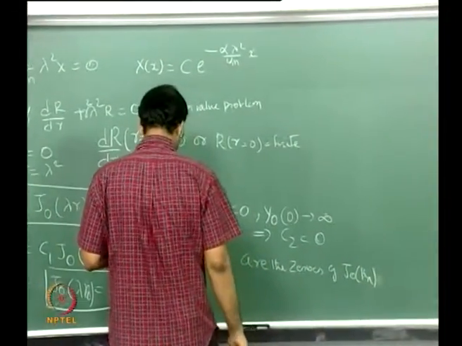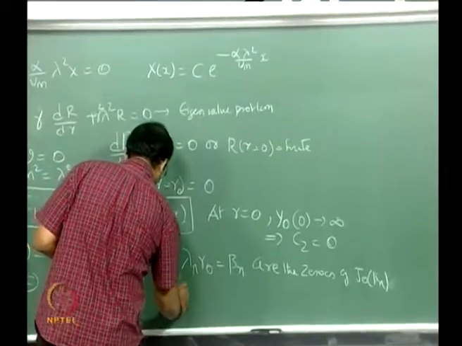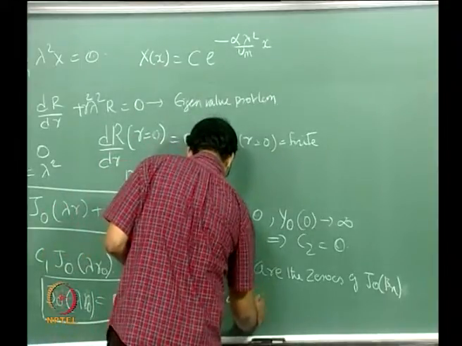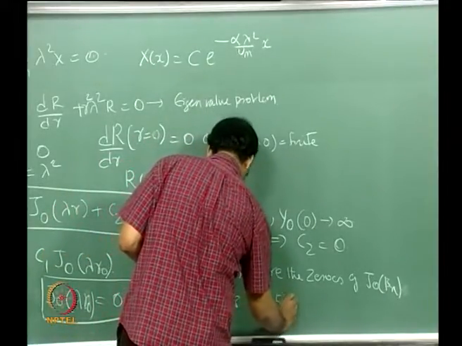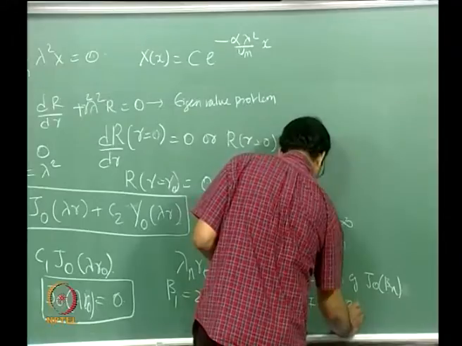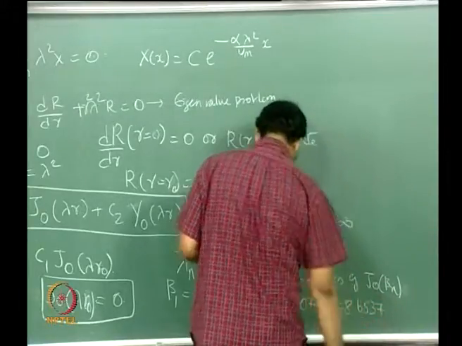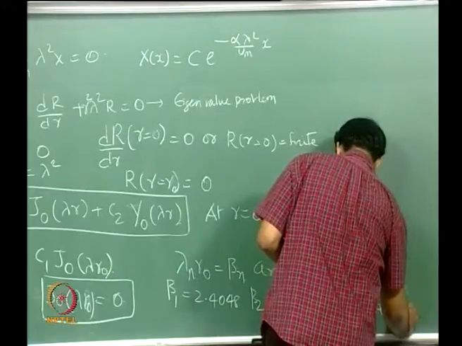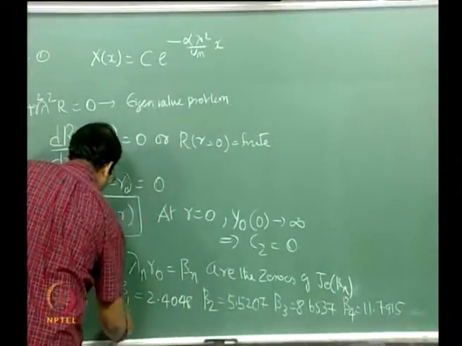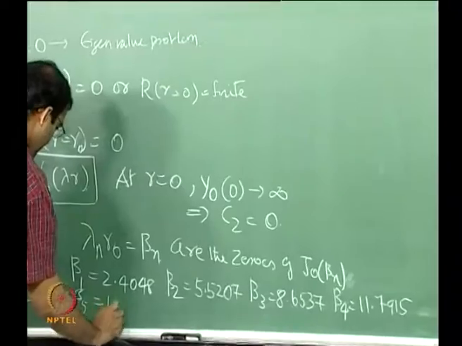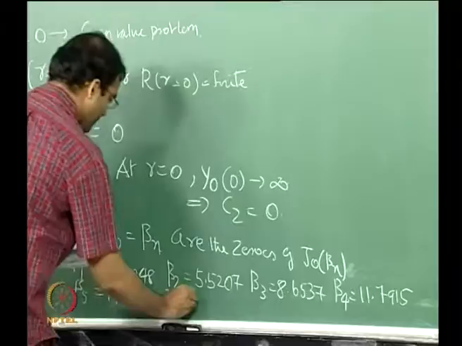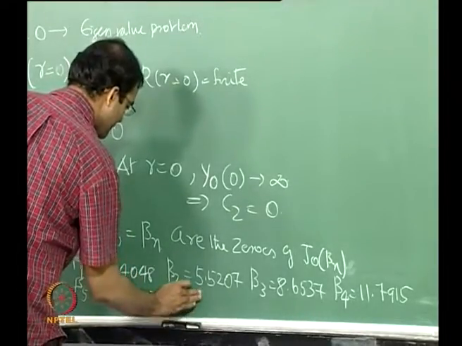Okay, so the first 6 zeros correspond to beta 1 is equal to 2.4048, then beta 2 is 5.5207, beta 3 is 8.6537, beta 4 is 11.7915, and then beta 5 is 14.9309, and the last one beta 6 is 18.071.